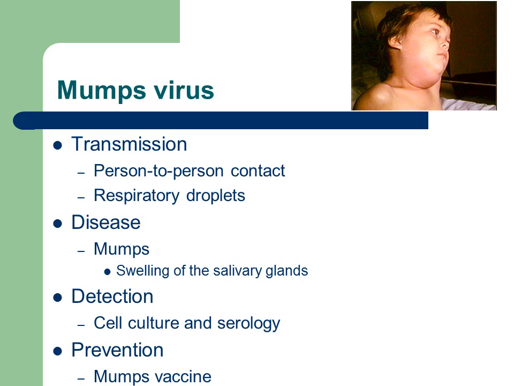This is one of the classic childhood diseases that all kids used to get before there was a vaccine. It's detected through cell culture and serology, but again, it's more commonly diagnosed through the huge neck that someone comes in with, and there is a vaccine. So you don't see mumps very often anymore.